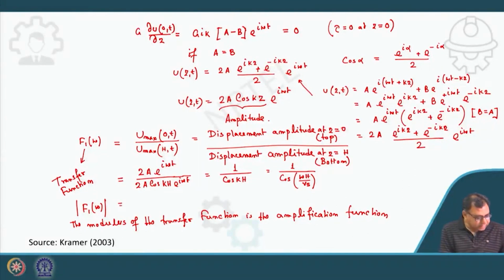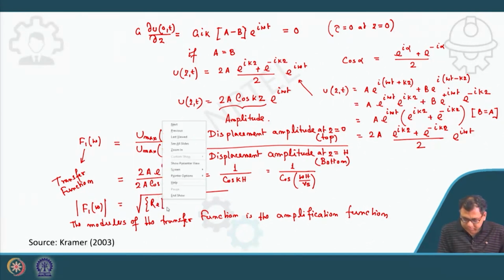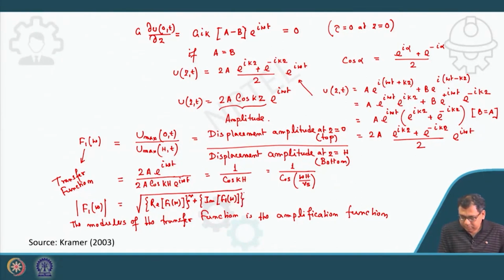What is that? That is actually root over the real part of F1 omega squared plus the imaginary part squared.